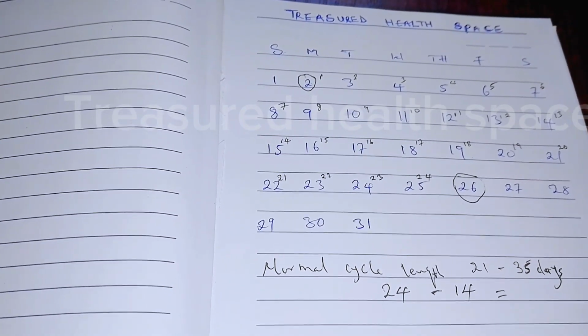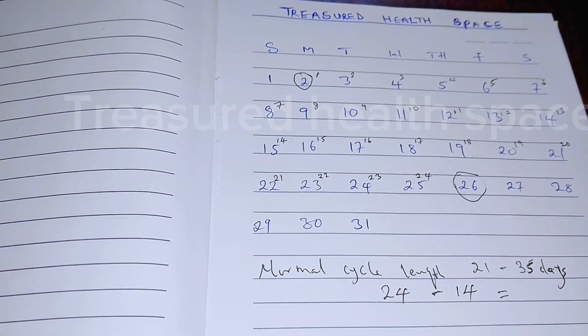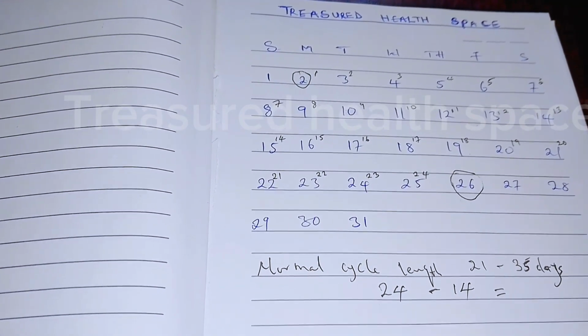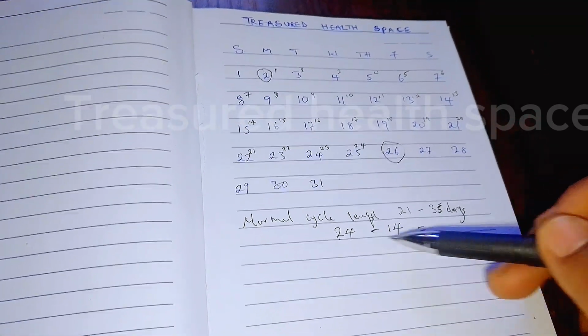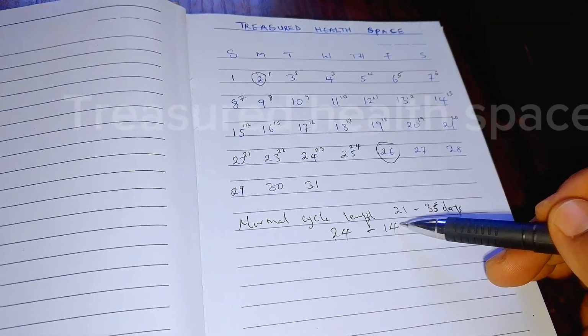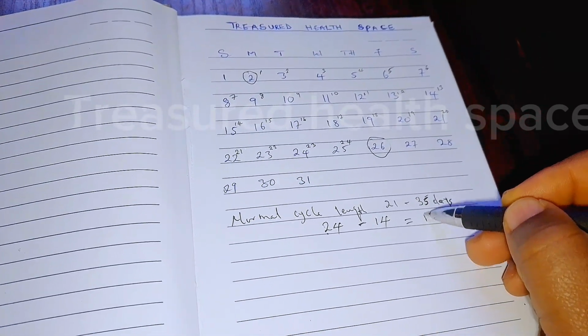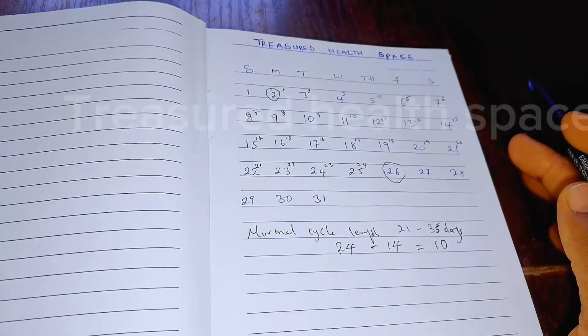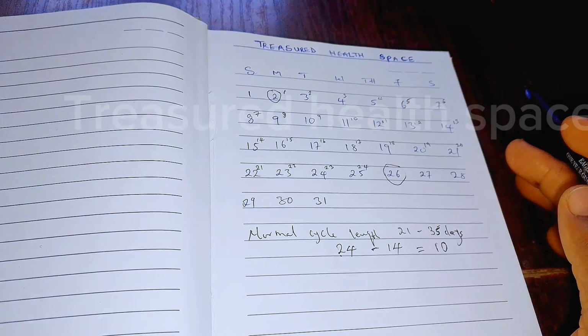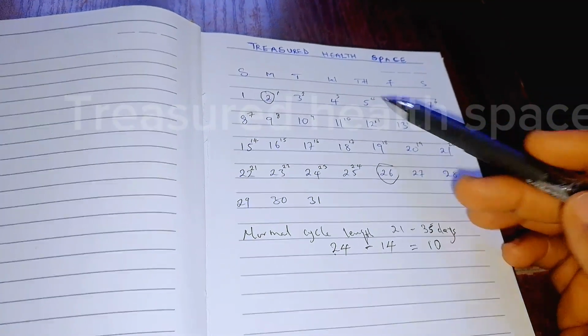Okay, so now that you know why we are subtracting 14, let's go back to our calculation. So we say 24 minus 14, that will give us 10. So this woman is going to ovulate on the day 10 of her menstrual cycle.